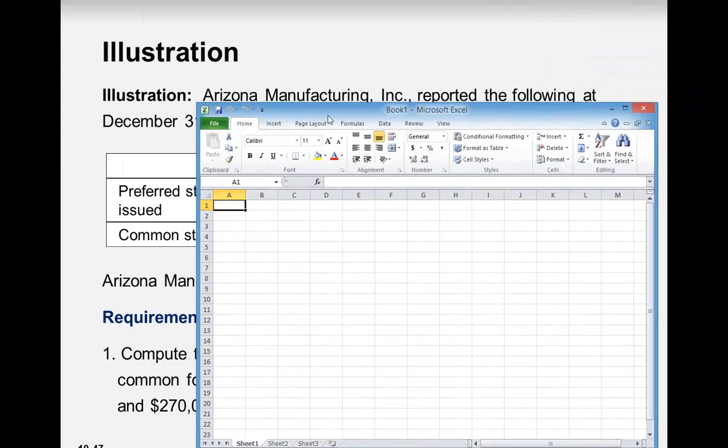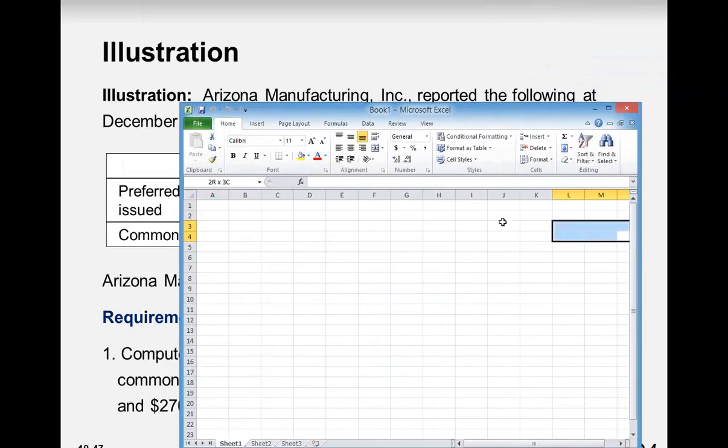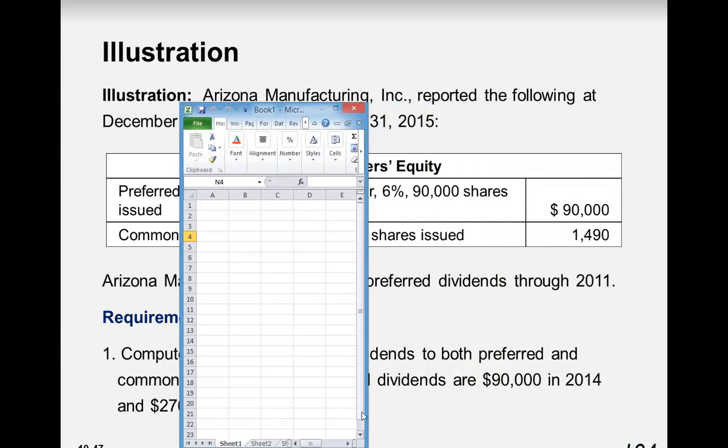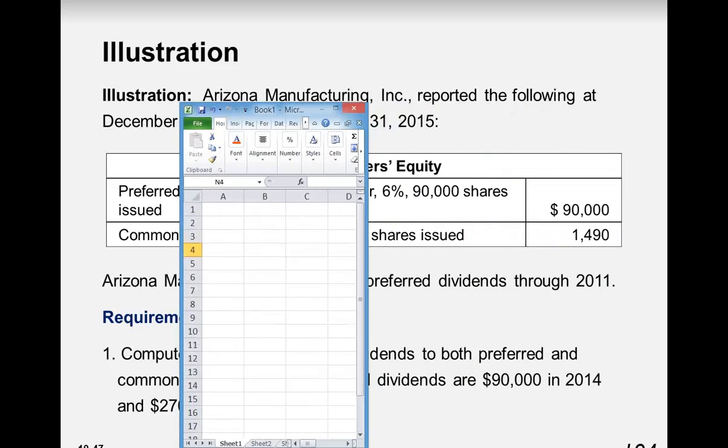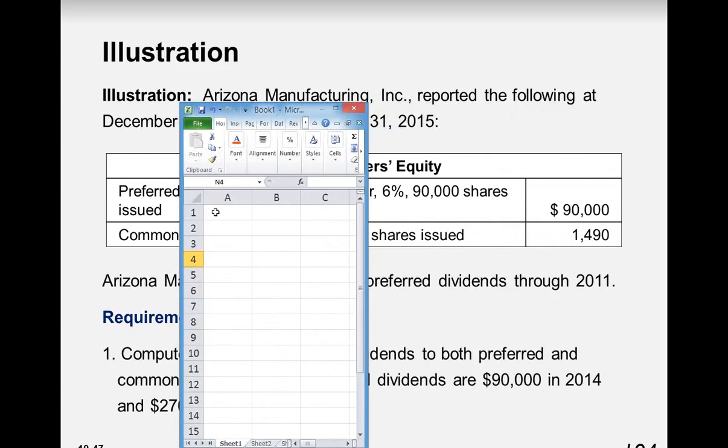So as I pop up Excel, because I am truly an Excel user, we said we had a dollar par stock. It was 6%. And I told you it was 6 cents, but we'll just do that transaction here. 6 cents per share, and we have 90,000 shares.